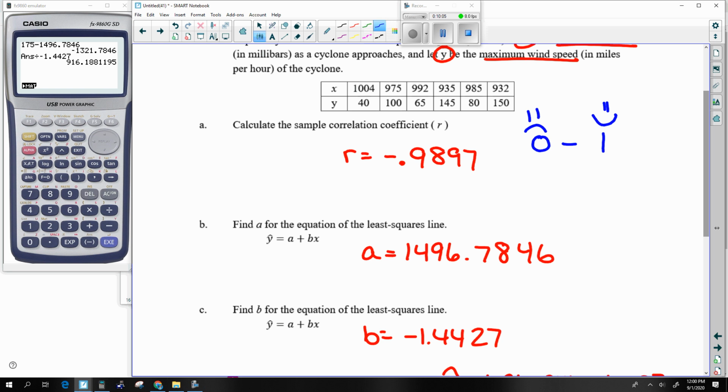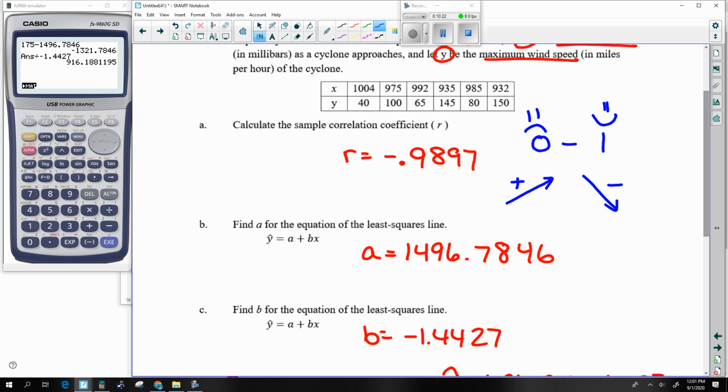So the closer to the number 1, the better it is. And then the positivity or negativity just lets you know which direction the line is going. That doesn't have really anything to do with the accuracy, but it's just another general description.